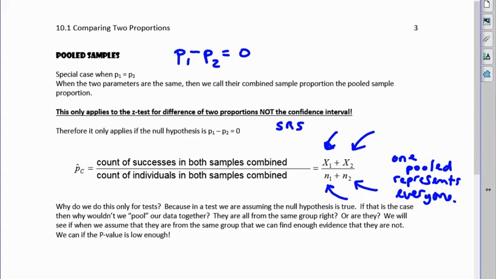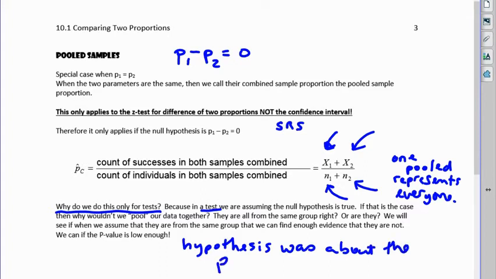And why do we do that? Why do we only do this for tests? It's because if you think about your test, if you think about your hypothesis, the hypothesis was about the population. And if you just said that there is no difference, right?